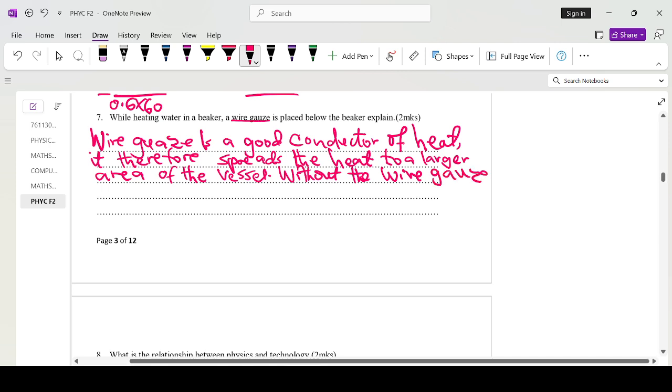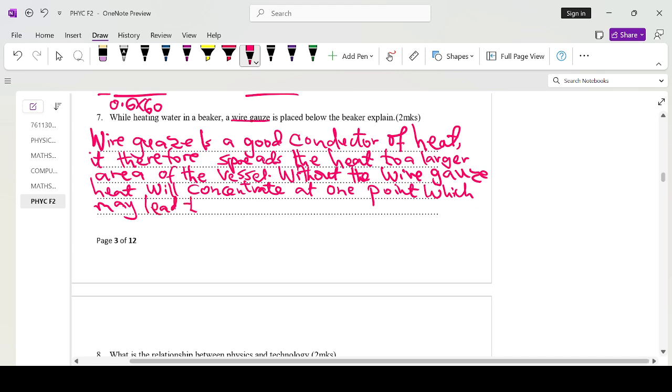what would have happened? Let's see. Without the wire gauge, heat will concentrate at one point, which may lead to uneven expansion of glass.